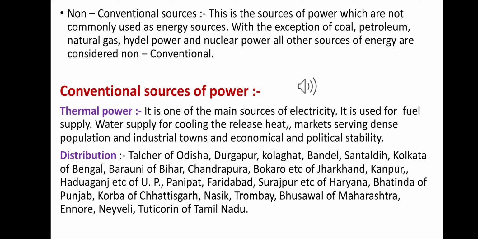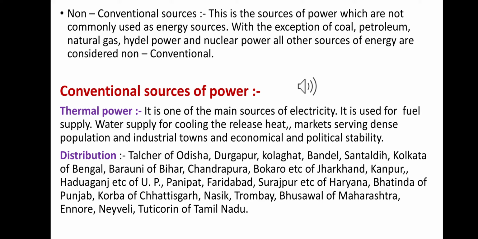Now we discuss the conventional sources of power, like number 1, thermal power. Thermal power means the power produced by burning coal, petroleum or natural gas in the thermal plant, that is called thermal electricity. Its main use is for electricity in industrialization and developing countries.